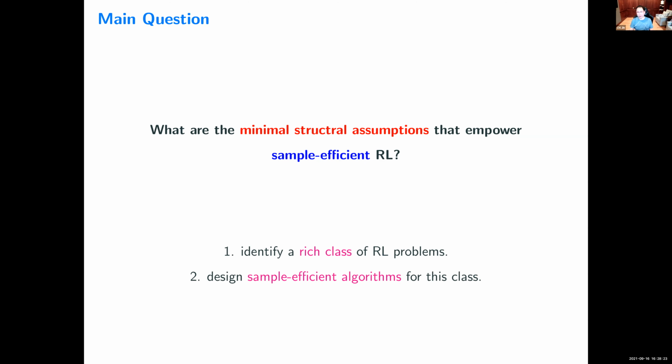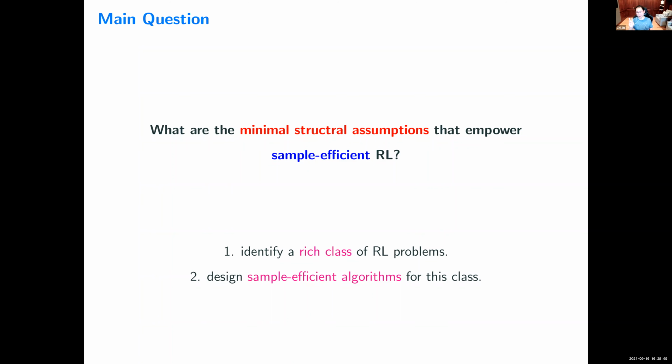The first is to identify a very rich class that ideally includes a lot of the reinforcement learning problems already encountered in practice, or that we already know how to handle in theory. The second is to design a sample efficient algorithm that learns in polynomial samples any problem in this rich class.